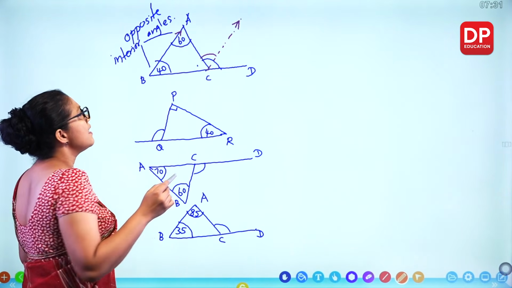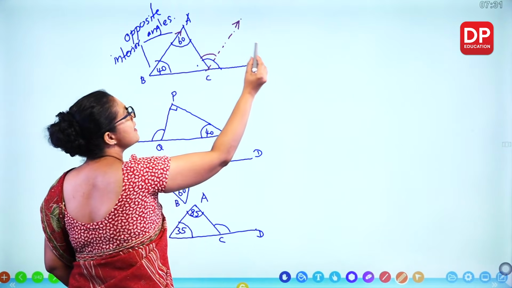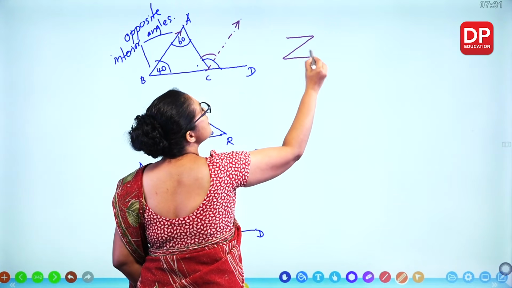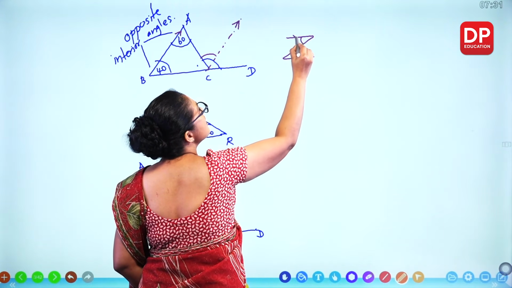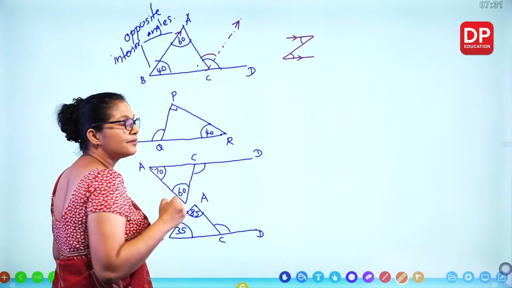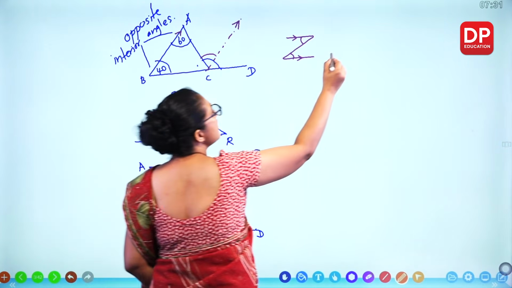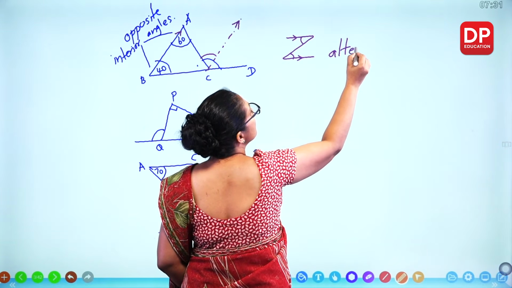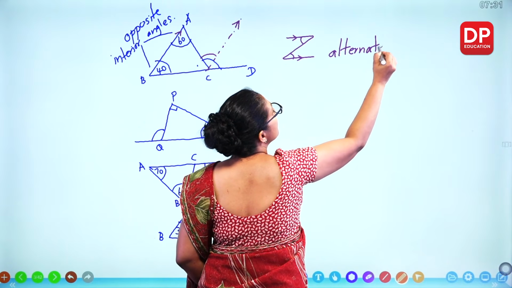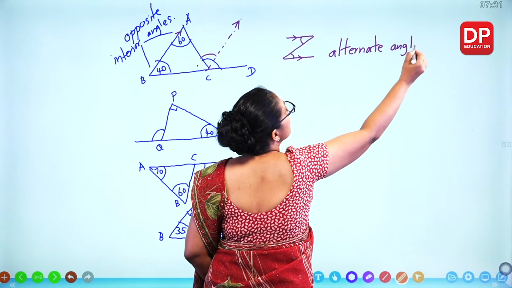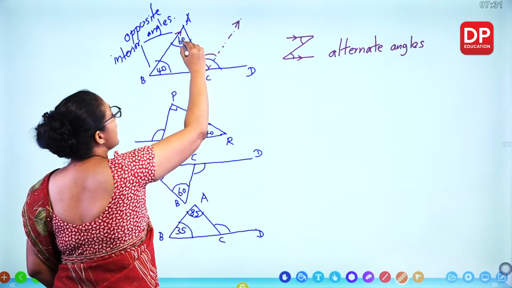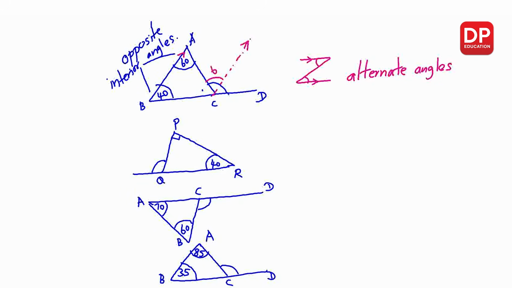Alternate angles. When you draw two parallel lines, you get something like this. So what are these angles? Alternate angles. So I can write this. If this is 60, this is also 60.